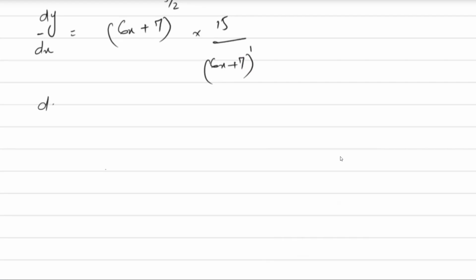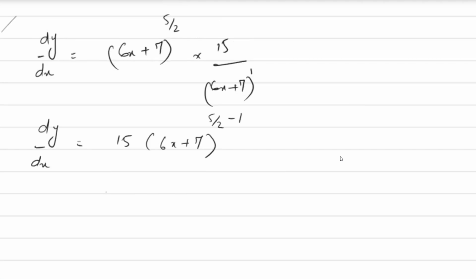So the answer will be dy by dx is equal to 15 into (6x + 7) raised to the power 5/2 minus 1. This 1 will be in the numerator, so this power changes from positive 1 to negative 1.